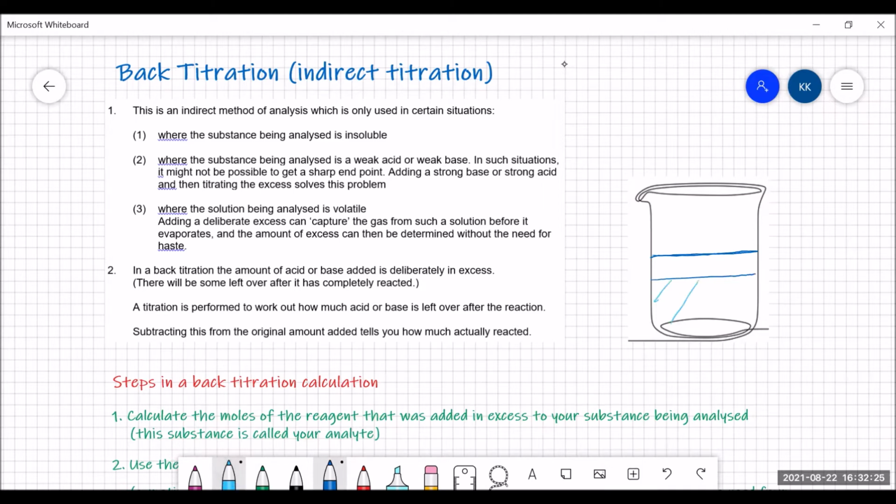So this much here has been used up by reacting with the crystals. Of course, you don't know how much was used up. You need to do a titration now. So you do a titration to find out how much didn't react, to find out the leftover.